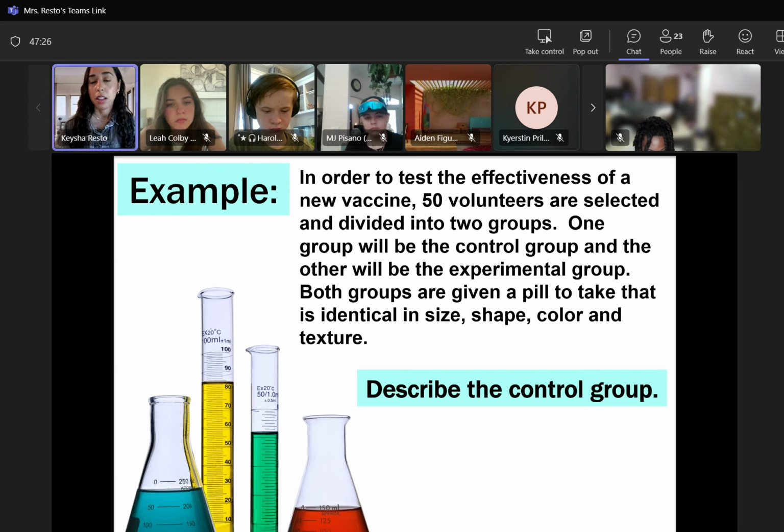Both groups are given a pill to take that is identical in size, shape, color, and texture. I'm going to say one pill has the medicine in it, the other one doesn't. So what would be the control group in this case?